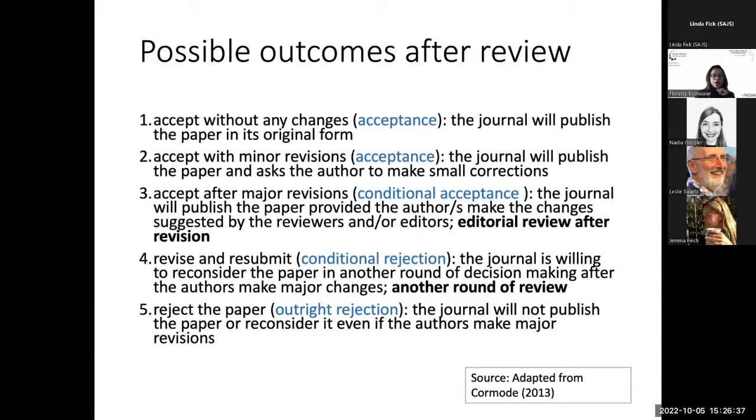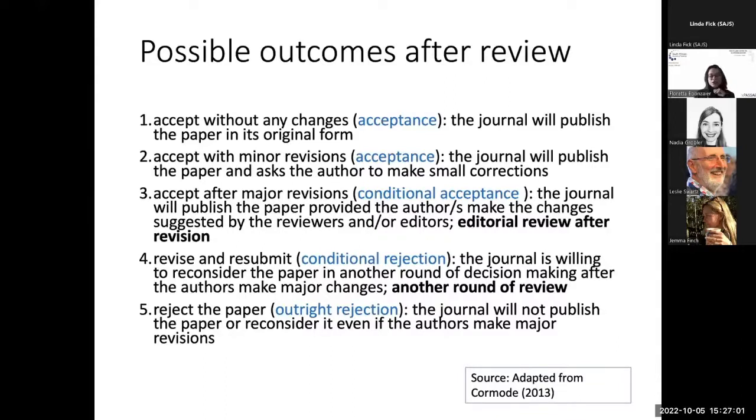Another outcome is a conditional rejection, saying there's some merit in the paper, but the extent of the revisions is quite substantive, and we may reconsider this paper for publication. We're not saying we will publish, but we may consider it.